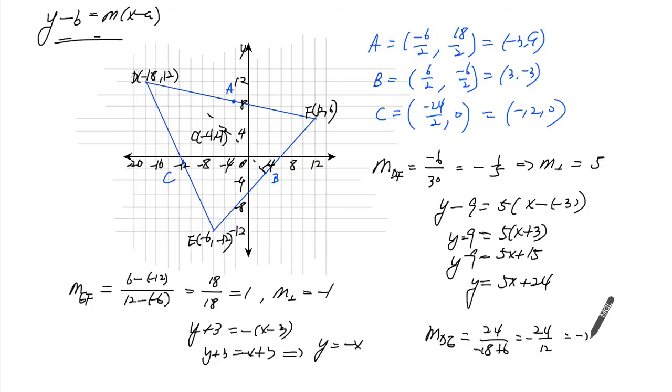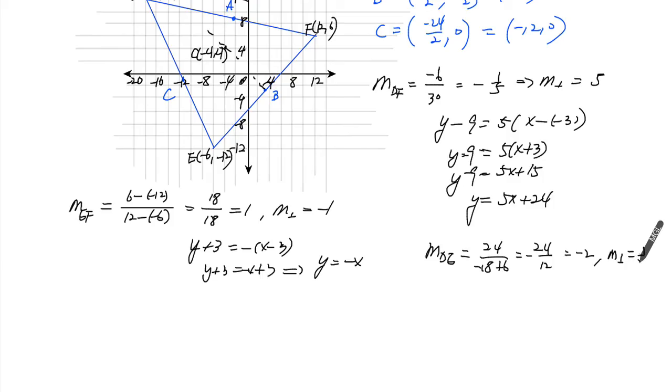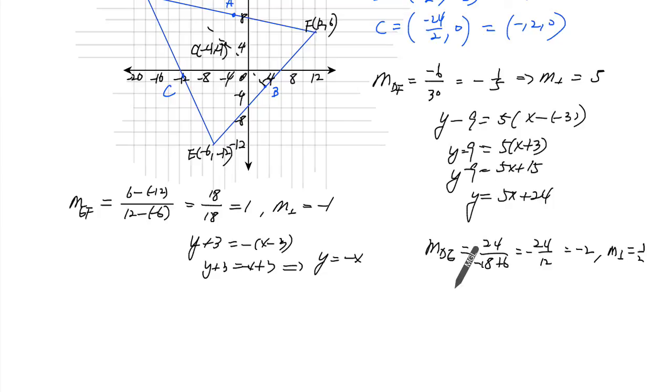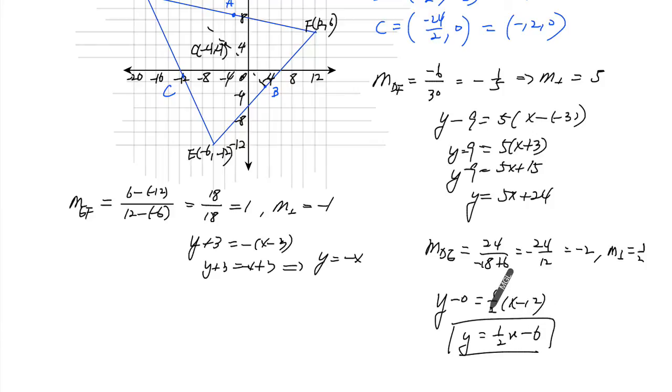So it's negative 2, but the perpendicular slope is one half. Again, using point C, which we found to be minus 12 and 0, it's going to be y minus 0 equals half times x minus 12. So it's going to be half of x minus 6. That's the last right bisector.